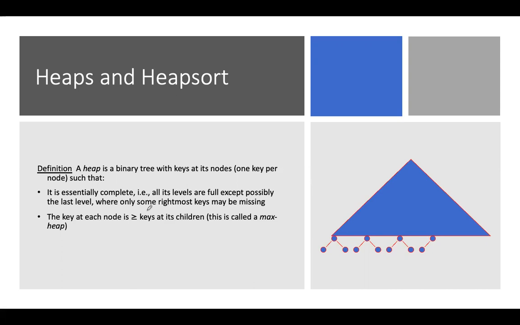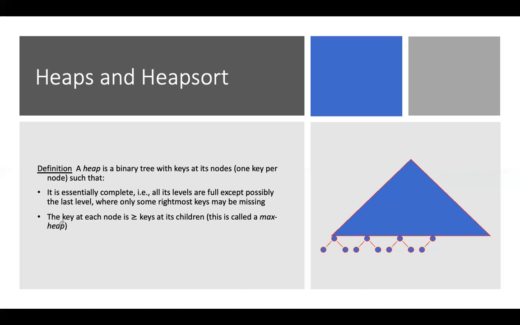I will show you examples in the next slide. Binary tree has to be complete: all its levels are full except possibly the last level. At each level it should have all the nodes except the last level, where only some rightmost keys may be missing. I will show you what that means.